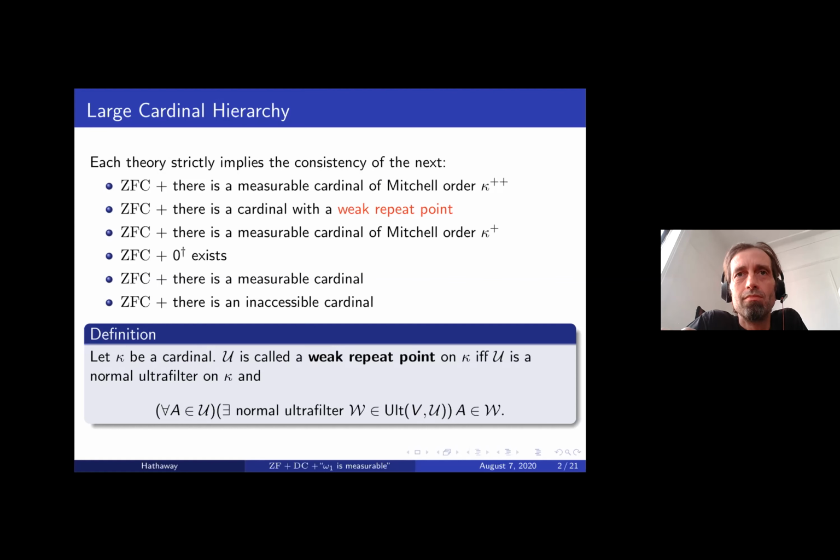If the club filter on omega 1 is an ultrafilter, but you've got basically no consistency strength there, I assume that means that club filter, although it's ultra, is not countably complete. Even though the intersection of countably many clubs is a club, the intersection of countably many supersets of clubs need not be a superset of a club. Is that what's going on here?